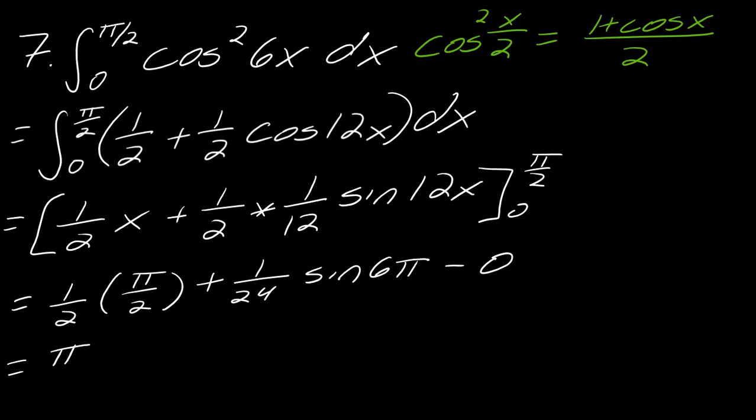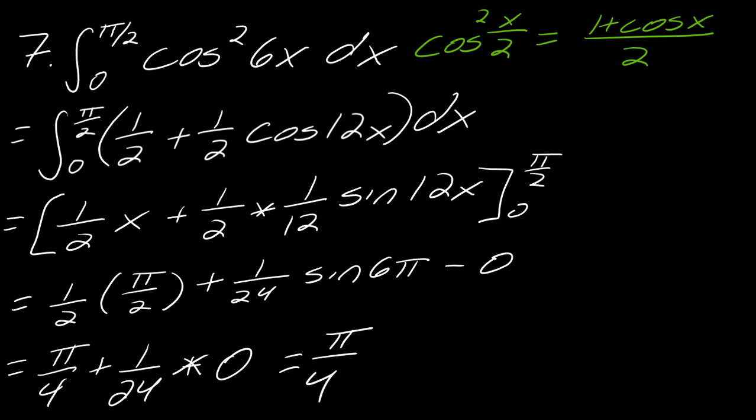So I have pi over 4 plus 1 over 24 times sine of 6 pi. So for 6 pi, you just might want to get out your fingers or toes to think about this, but this just ends up being 0. I guess you really don't have to go that deep into it. So ultimately my answer is just pi over 4. That's it.